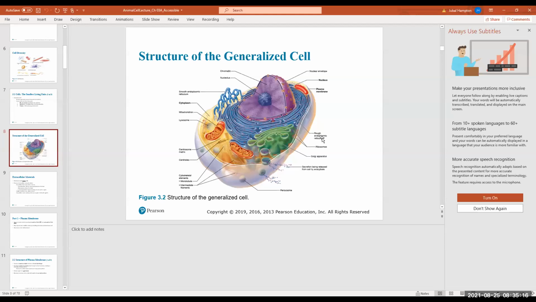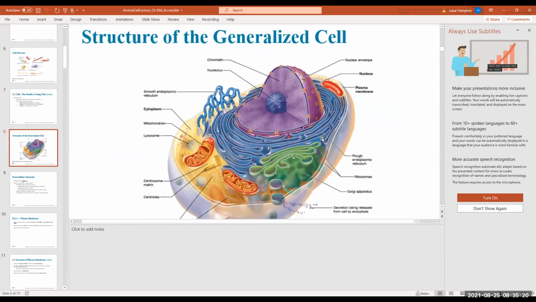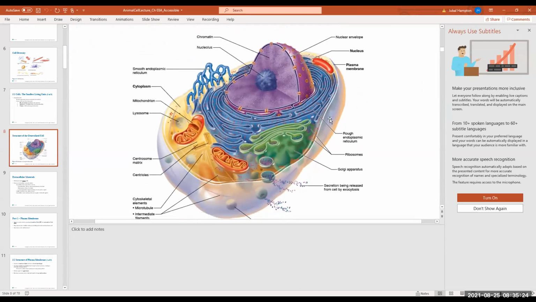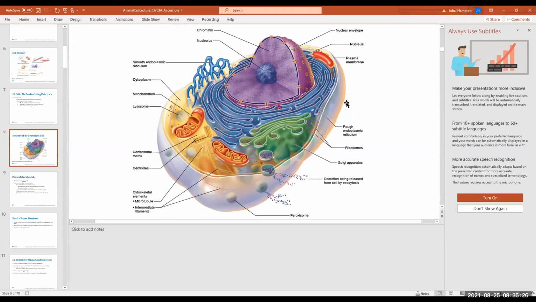Big picture here showing us a cell. And we're going to go over all the different parts that we see here. First and most notably is the external boundary, the cell membrane. And then the second big feature that you will notice, especially when we're doing microscopy work, is the nucleus itself.